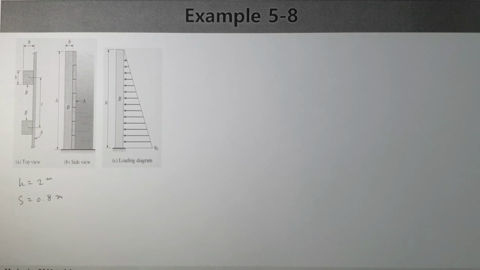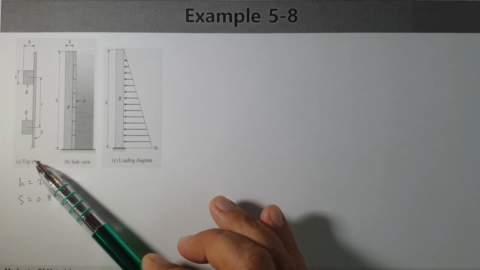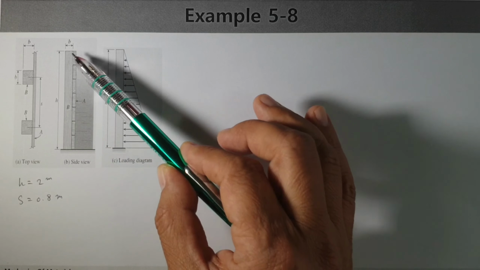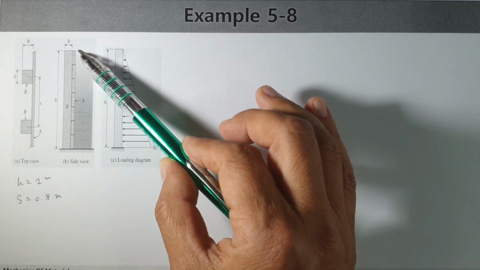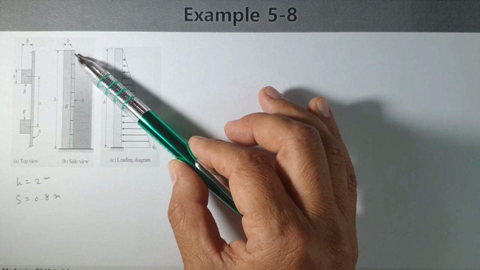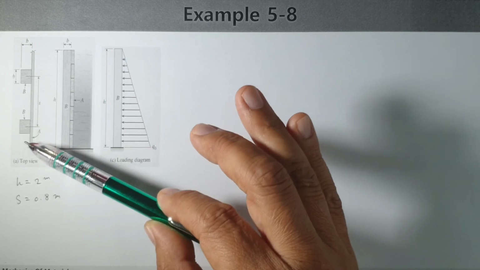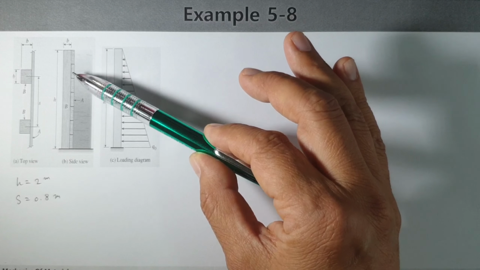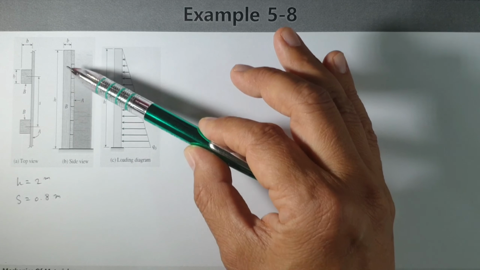Okay, now let's see another example. We have a dam, and the dam is like this one. This one is the side view, this one is the top view. The dam consists of panels like this one, very long panels: panel 1, 2, 3, 4, 5, and so on, connected.